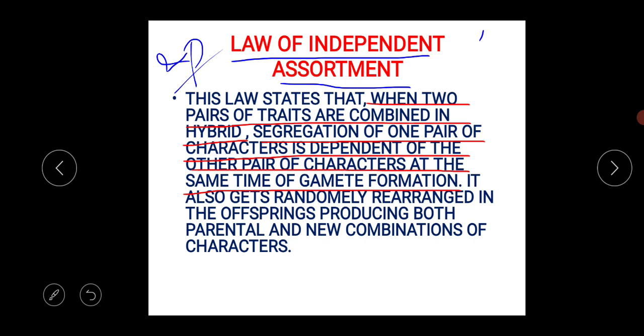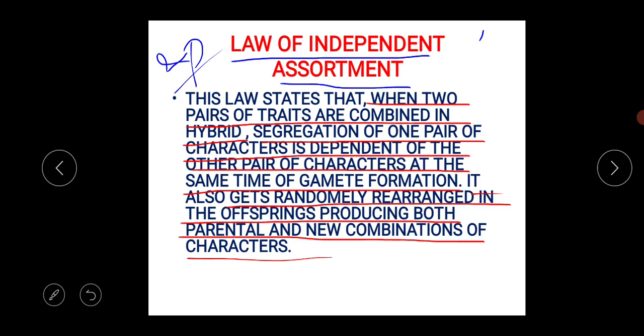So all the characters are not blending together. All the characters are segregated separately, and during segregation, one pair of characters is independent of the other pair at the same time of gamete formation. So they also get randomly rearranged in the offspring, producing both parental and new combinations of the characters.